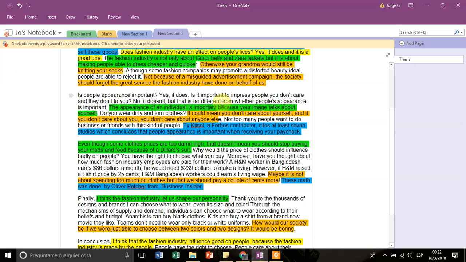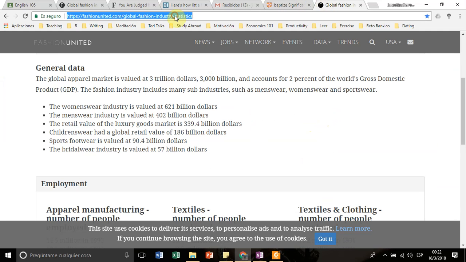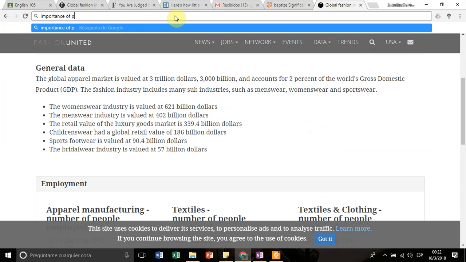For example, my first argument was that the appearance of an individual is important because your image talks about yourself. And I found this article in Forbes: you are judged by your appearance. I just had to write in the search engine importance of people's appearance.